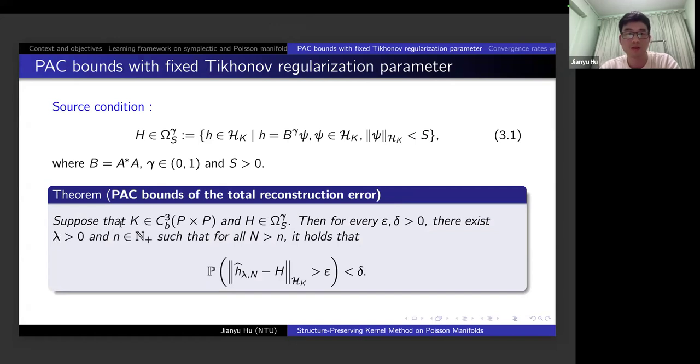So if the kernel is in C^3 and the ground truth satisfies this source condition 3.1, then with probability close to 1, the total error is arbitrarily small as the sample size is large enough. Okay, this is the PAC bound. However, this result doesn't provide any convergence rate.